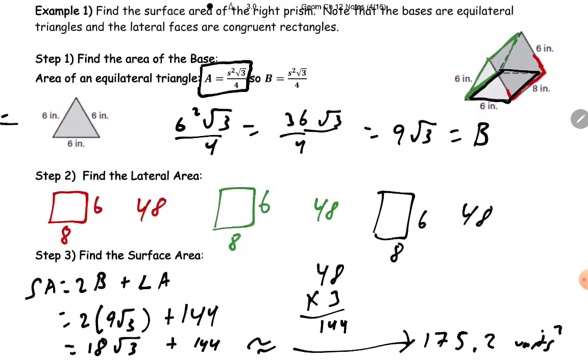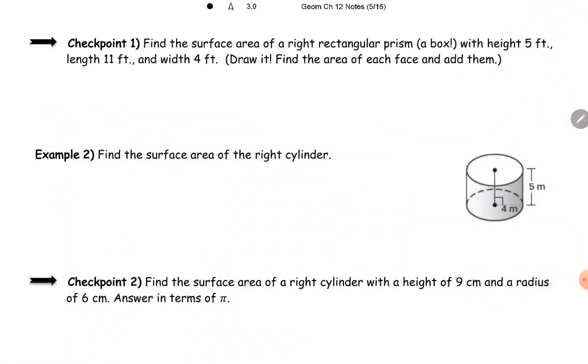Alright, let's do another example. Find the surface area of a right rectangular prism box with height 5 foot, 11 foot, and 4 foot. So here we go. We got a right rectangular box here. Right just means it's standing straight up.